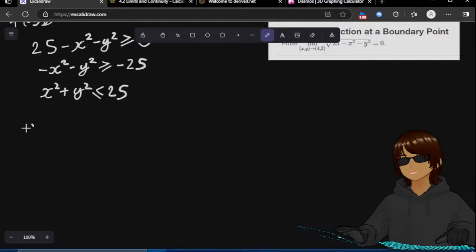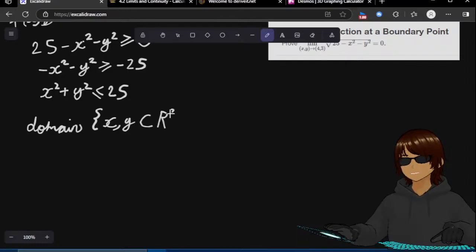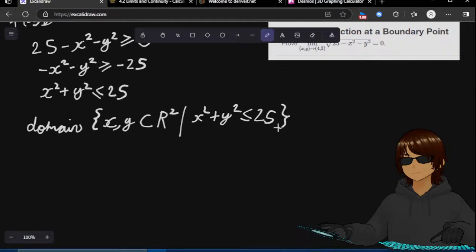So the domain is (x, y) within the subset R squared, given that x squared plus y squared is less than 25.